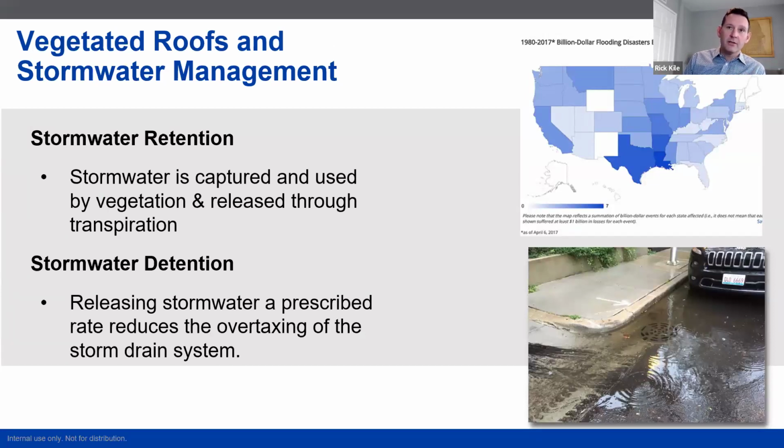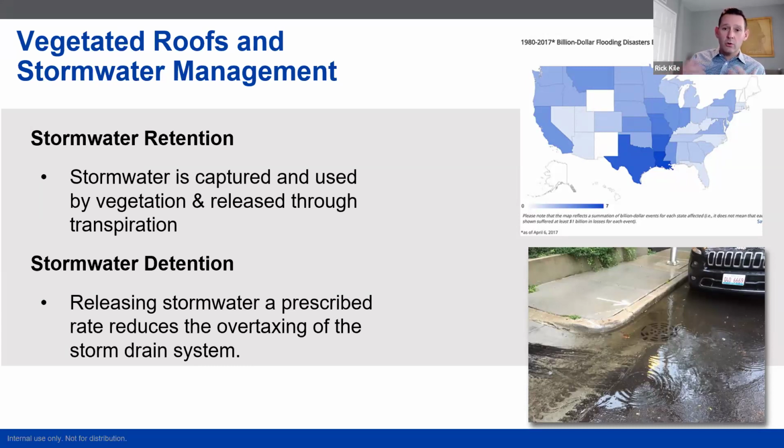The most significant driver of vegetated roofs in the U.S. and I think the world now is stormwater management and utilizing vegetated roofs and vegetated roof technology to manage stormwater. And traditional extensive thinner assembly vegetated roofs typically manage stormwater via retention.